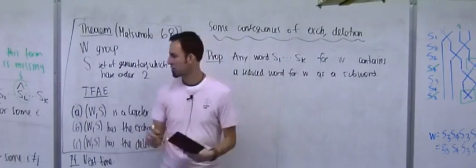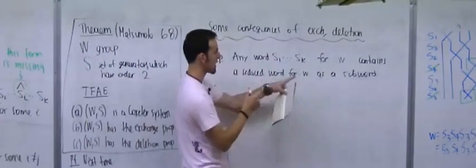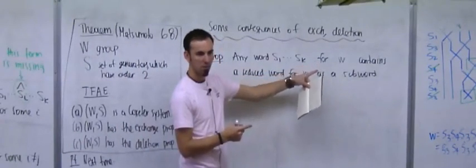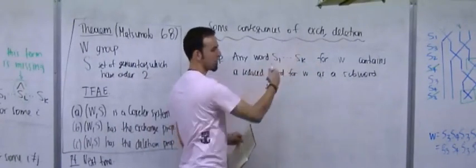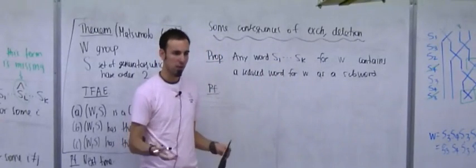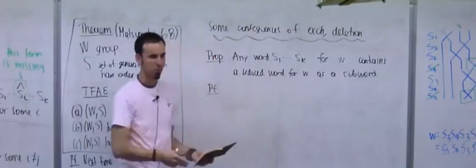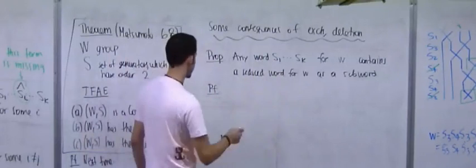You just take your word. If it's reduced, then this is obviously true. If it's not reduced, then apply the deletion property. The deletion property tells you that you can express the same element W by knocking off two generators from this word. And then you ask yourself, is that reduced? If it's reduced, you're done. If not, you knock off two other generators, and you keep knocking off pairs until at some point you're going to get a reduced word.